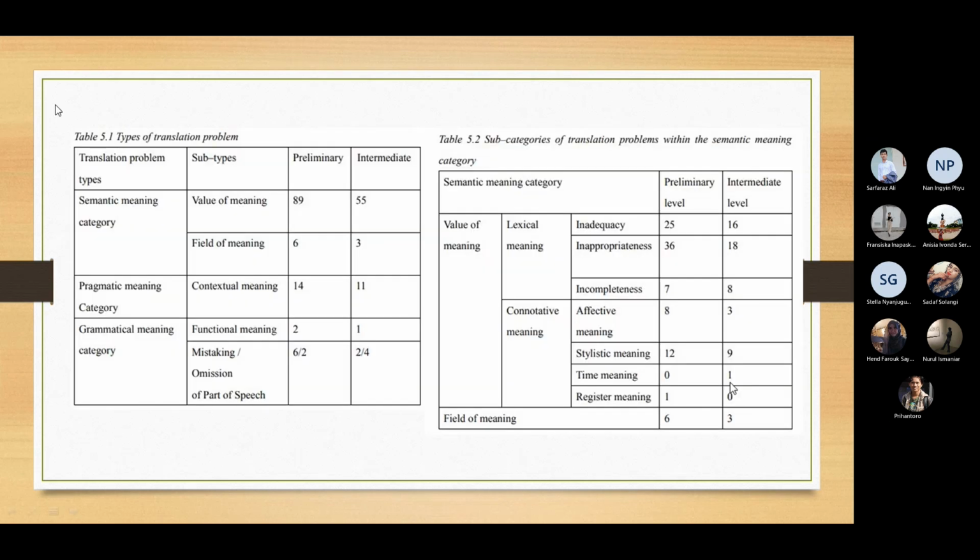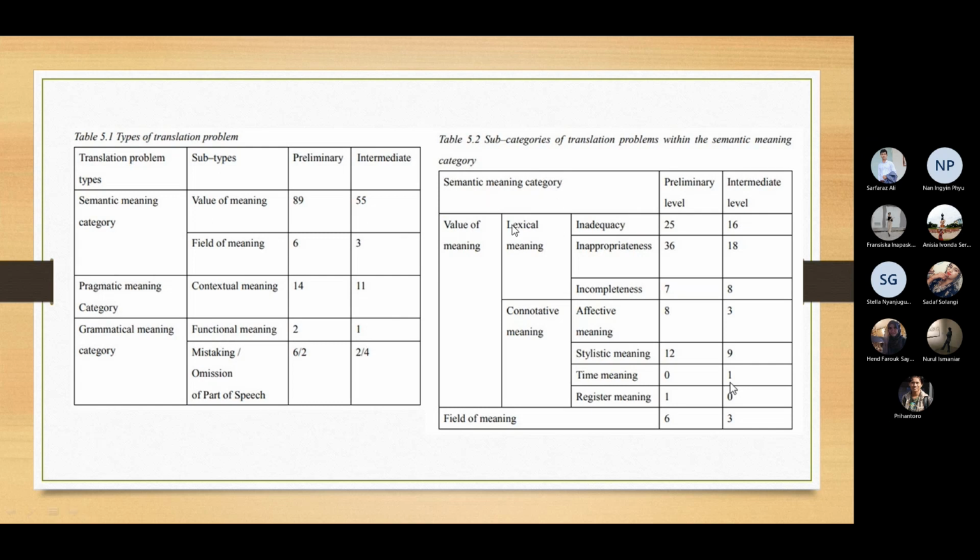And you can see here the tables that give a detailed description of these translation problem types. The translation problems come in subtypes, primary types and intermediate types: value of meaning, field of meaning, contextual meaning, functional meaning. The percentage is different.